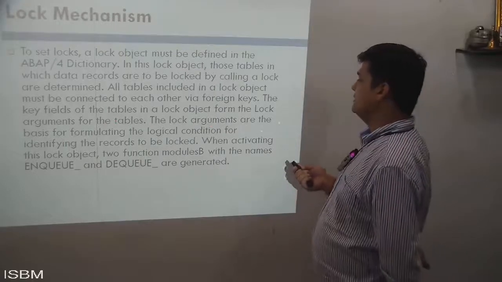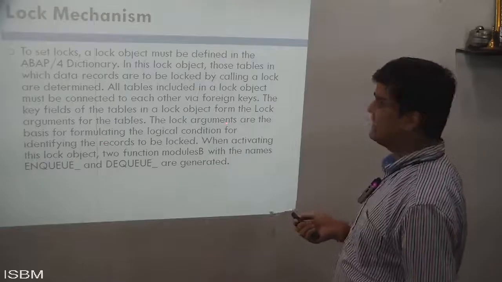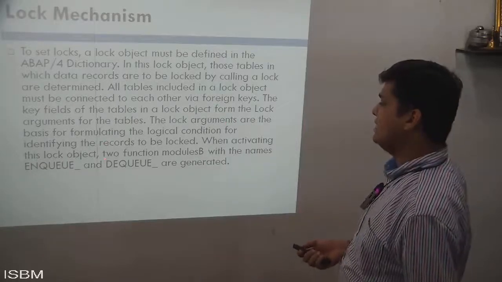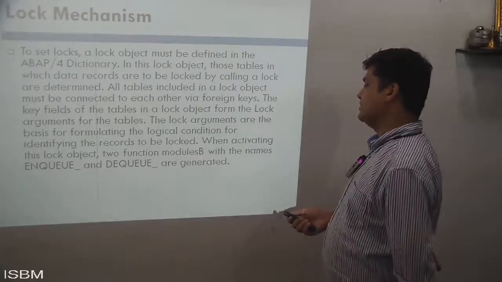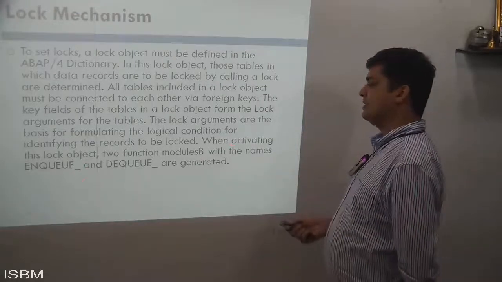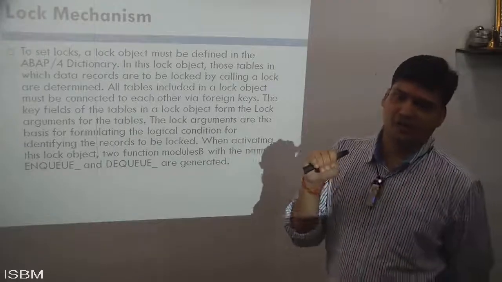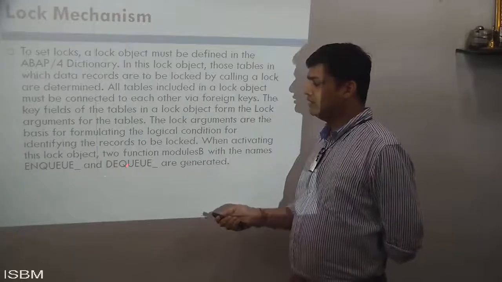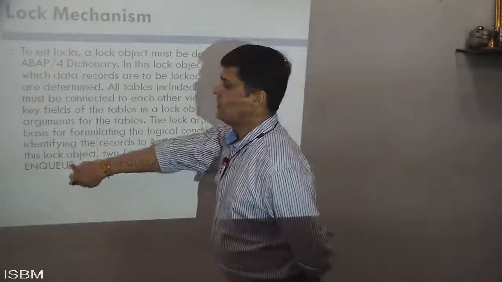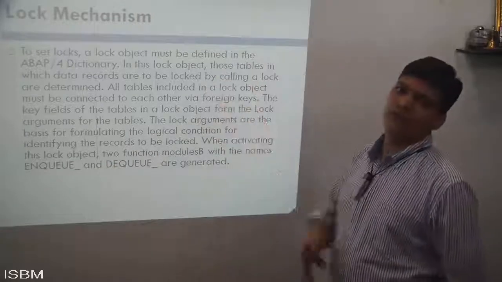The lock arguments are the basis for formulating the logical condition for identifying the records to be locked. When activating the lock object, two function modules with the names ENQ and DEQ are generated. ENQ will lock the object and DEQ will unlock the object. So the same concept is running.